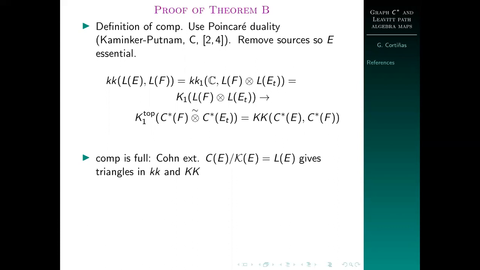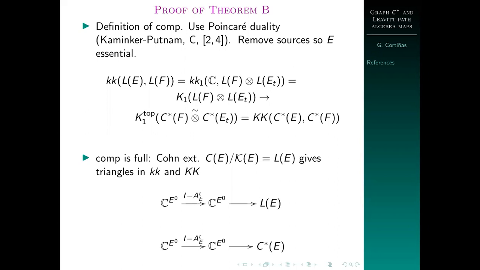Okay, and so any algebra extension gives a triangle in little kk, and in this particular case, when you pass to the completion, you also get an extension that has a completely positive splitting, and so defines a triangle in big kk.